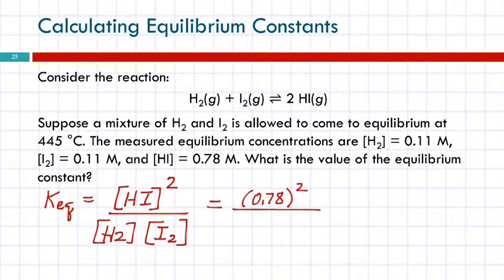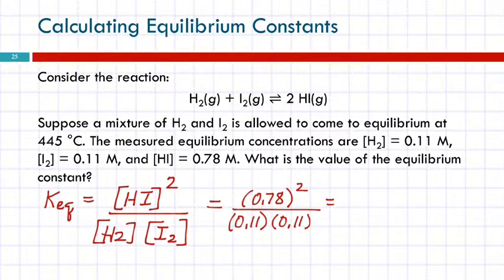Divided by H2, which has a concentration of 0.11, and I2 has a concentration of 0.11. So be careful on your calculator. So I've got 0.78 squared divided by 0.11 divided by 0.11 equals.